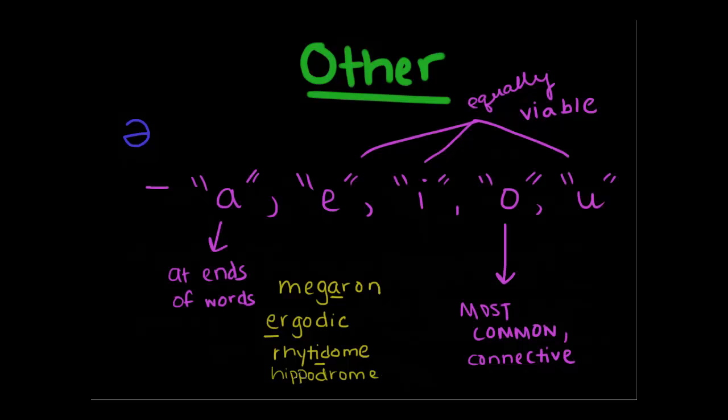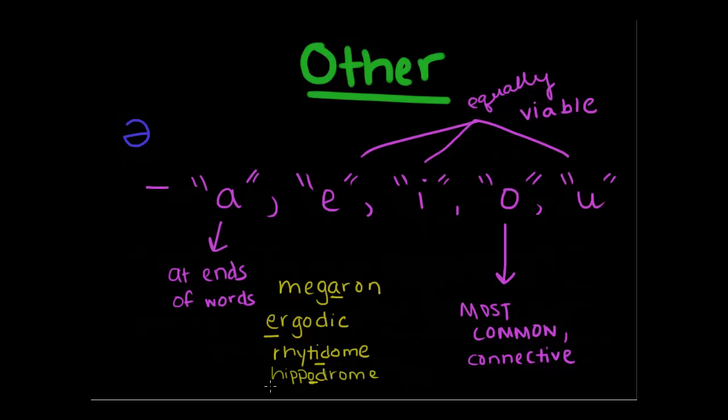Hippos meaning horse, dromos meaning to run. There's a slew of words connecting Greek parts or Greek roots together with an O for the schwa. So O is very common, so you should expect to see that in Greek.